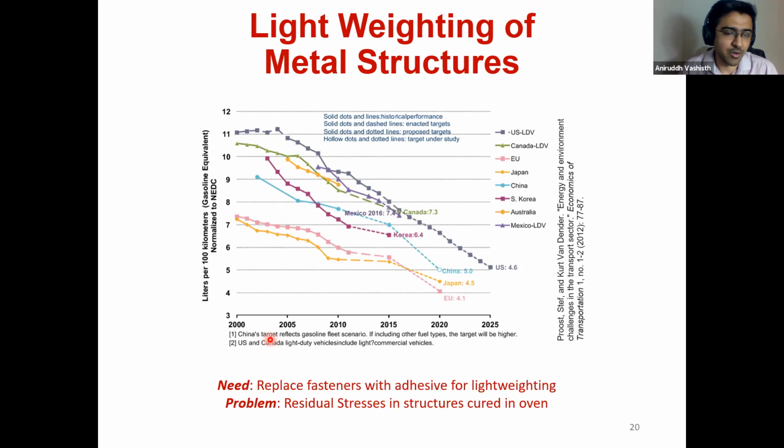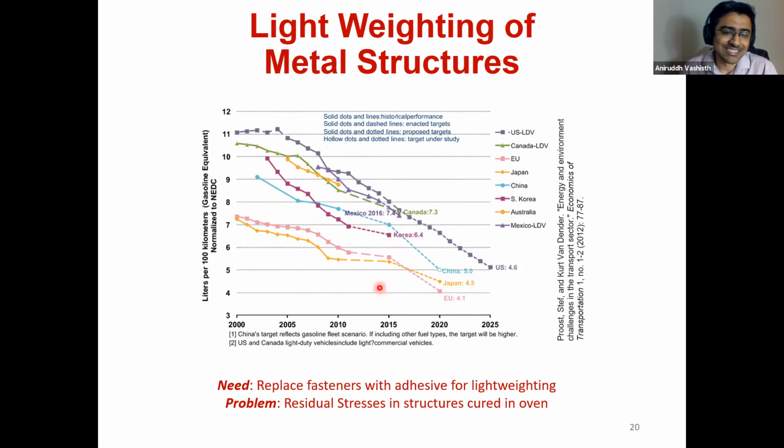in automobiles. So here is a very interesting graph which shows basically the inverse of your mileage, so it's liters per 100 kilometers. And you can see a universal trend, everywhere in Asia, in the European Union, in the US, that everyone is trying to move toward this corner.